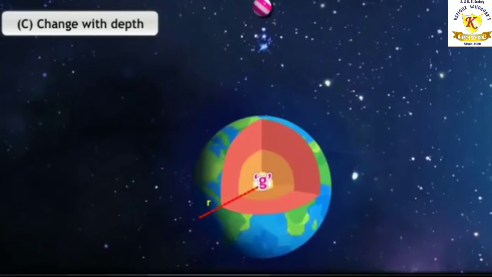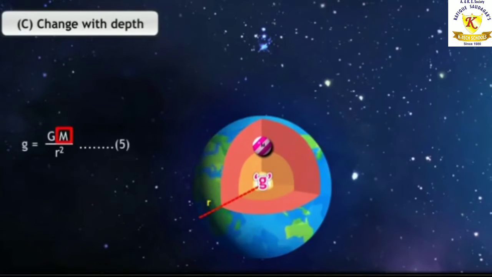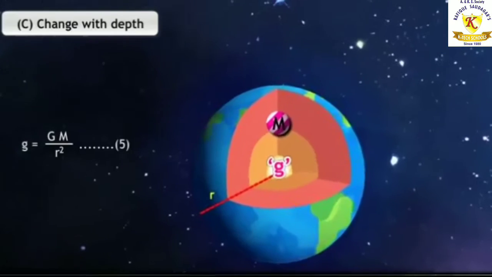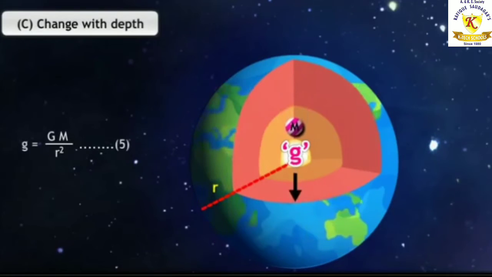However, the part of the earth which contributes towards the gravitational force felt by the object also decreases, which means that the value of m to be used in equation 5 also decreases. As a combined result of the change in r and m, the value of g decreases as we go deep inside the earth.